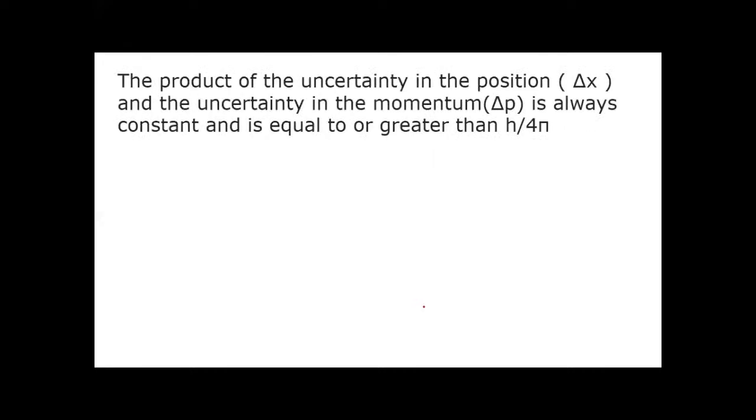He observed that the product of the uncertainty in position and the uncertainty in momentum is always constant and is equal to or greater than h upon 4 pi. It means delta x dot delta p is equal to a constant, and this constant is h upon 4 pi.